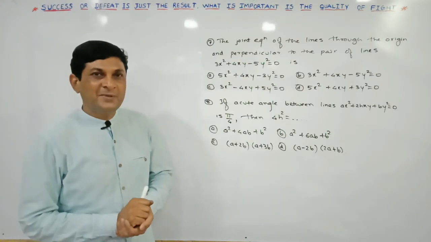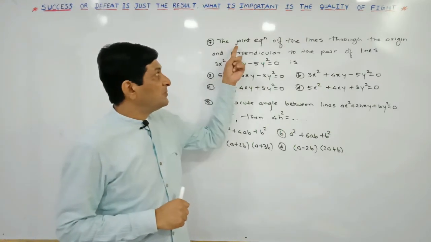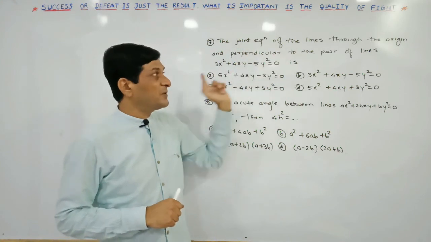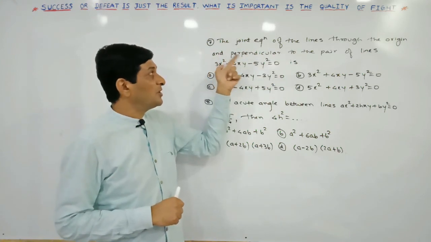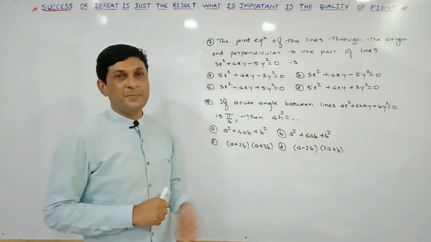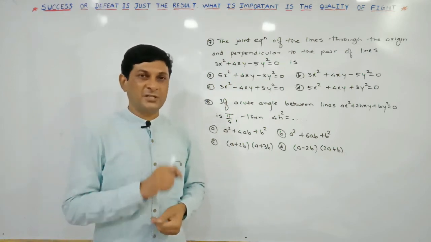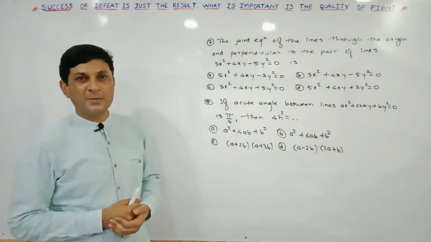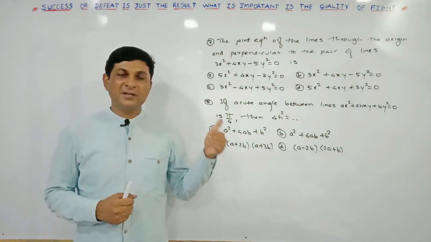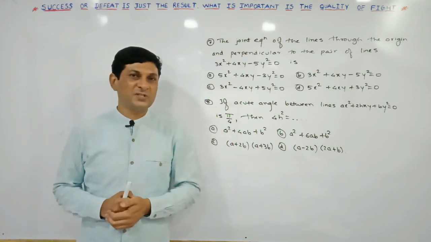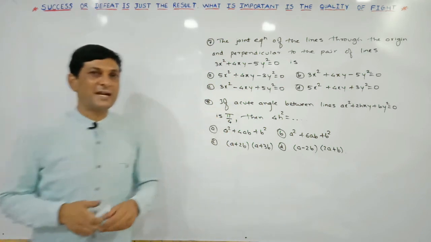Now see example number 7. In this example, we have to find out the joint equation of the lines passing through the origin and perpendicular to the lines represented by this homogeneous equation. Already we have seen one shortcut method, which we discussed in I think the second exercise or the first exercise. Again, let us revise that condition.